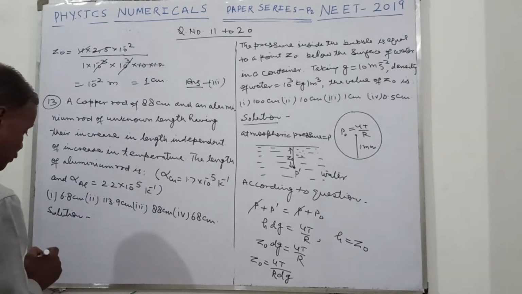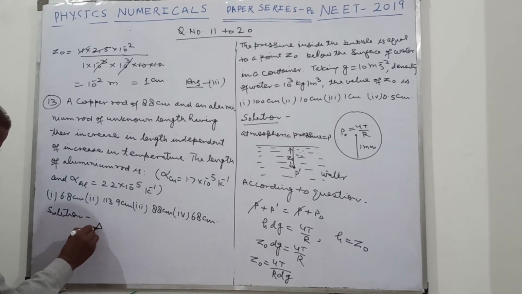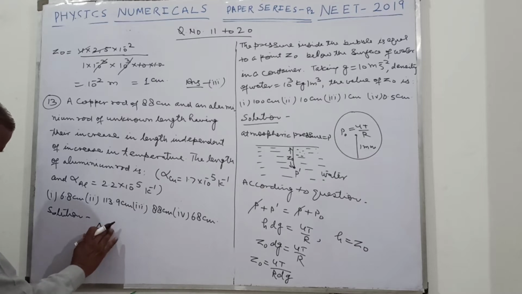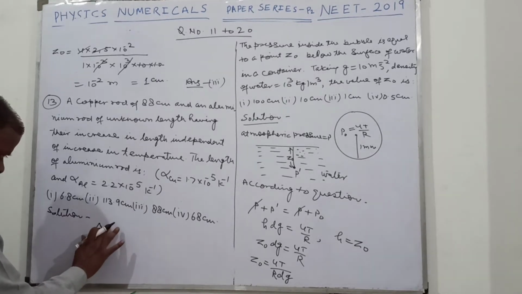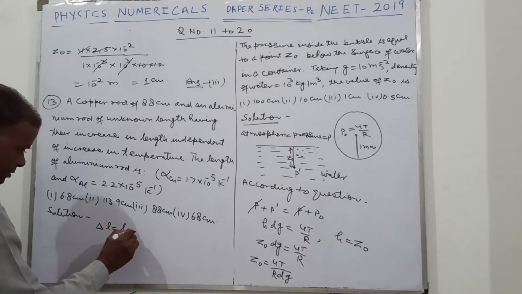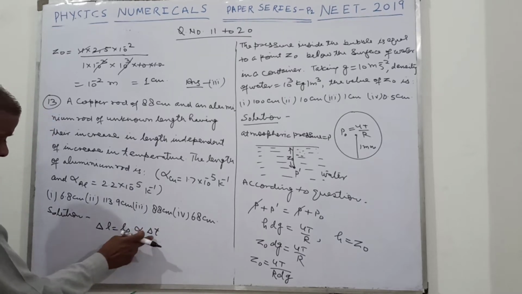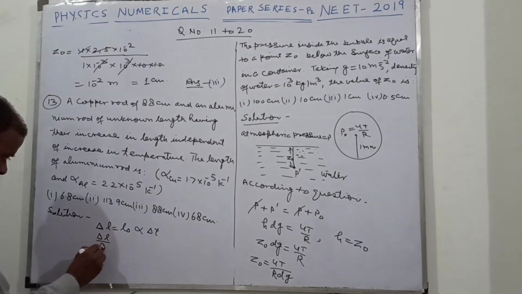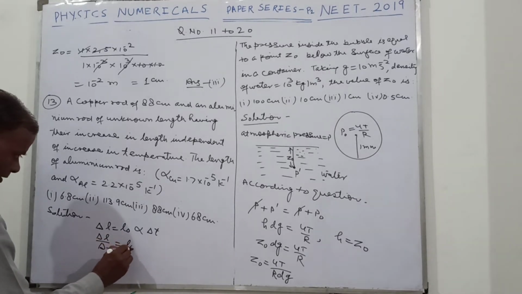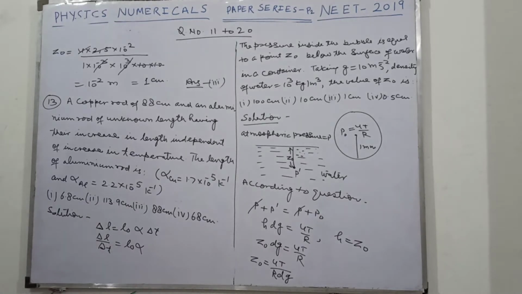So we know the increase in length delta L is equal to L naught alpha into delta T. So delta L upon delta T is equal to L naught into alpha. We have to use this one. This increase in length with temperature is independent, so we have to take this to be same for both the rods, copper and aluminum.